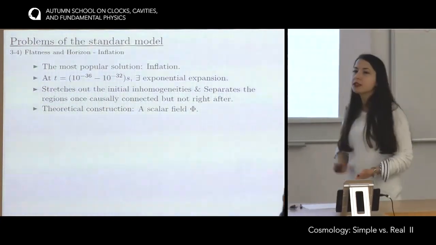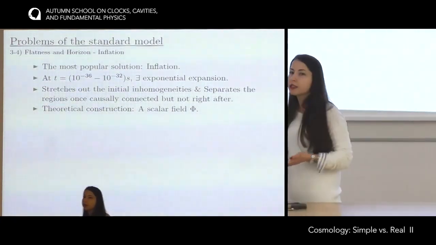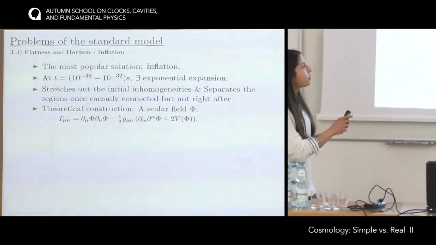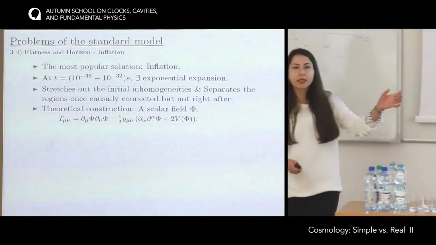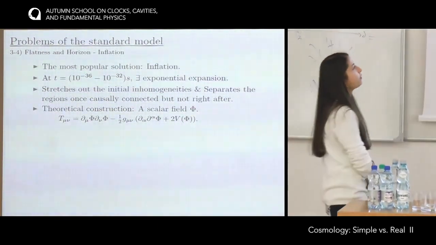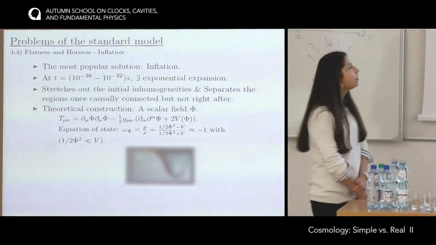The theoretical construction of inflation is obtained by assuming a scalar field. You write your stress-energy tensor, remember, on the right-hand side of the Einstein equations, via the scalar field. The equation of state looks like that.